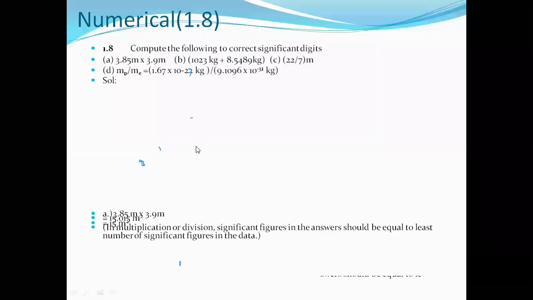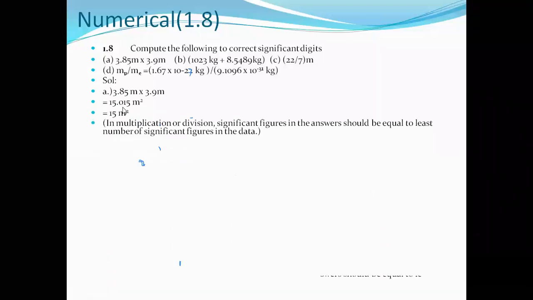Now let us solve the first part. A part says 3.85 meters into 3.9 meters. We multiply it, it will be 15.015 meters squared, or if we round it off to the significant figures, it will be 15 meters squared.